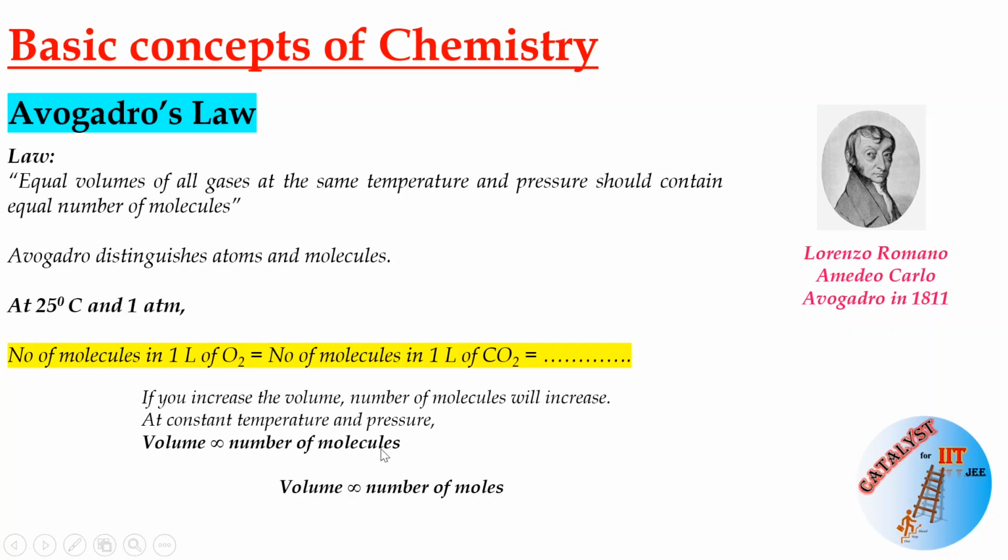How you can relate the number of molecules with the number of moles, we will come to later. But at this point, please remember that volume is proportional to the number of molecules, and thus we can write volume is proportional to the number of moles. This is a very good outcome of Avogadro's law, and this is another way to express Avogadro's law.